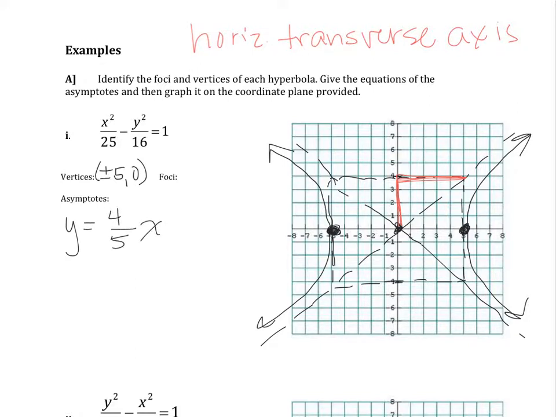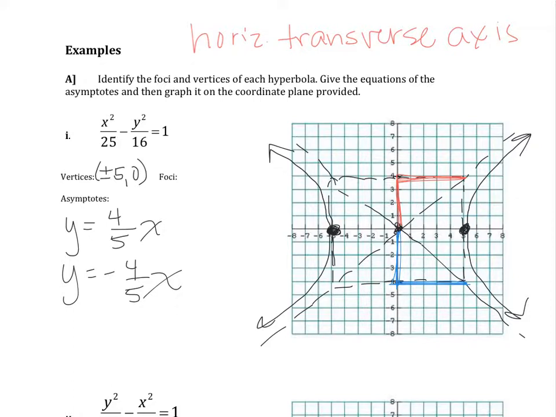The y-intercept is 0, so just 4/5 x. And then we have our other asymptote here. We go down 4 over 5, so that slope is negative 4/5, so y equals negative 4/5 x. You could write that all in one if you want: plus or minus 4/5 x, that's fine.